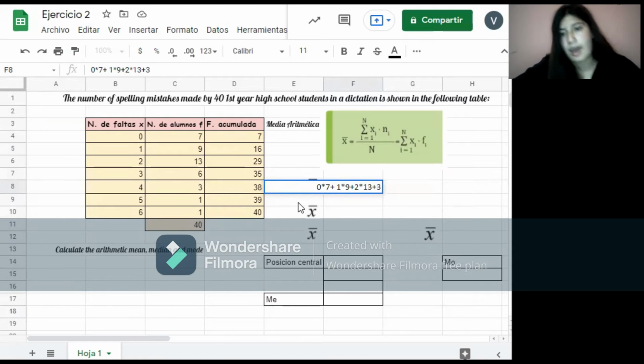and so we do the missing ones, over the number of data, which is 40.